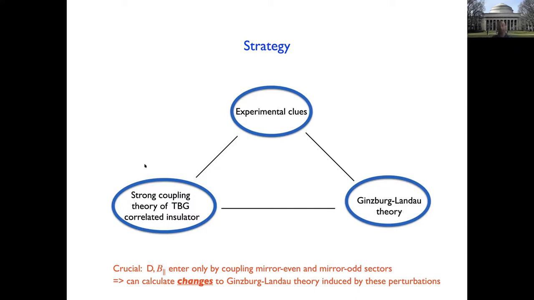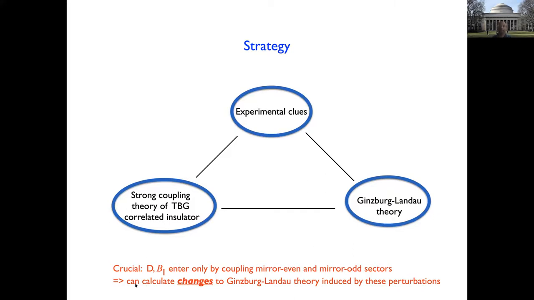We'll take inspiration and borrow results from the strong coupling theory of twisted bilayer graphene, particularly developed for the correlated insulators. We'll use the Ginzburg-Landau theory, aspects of whose structure we can actually determine quite reliably.